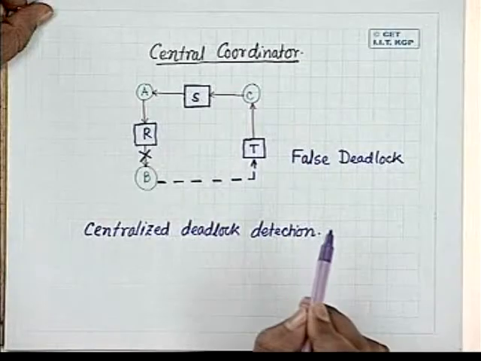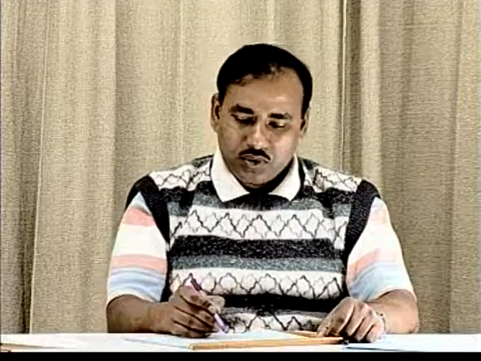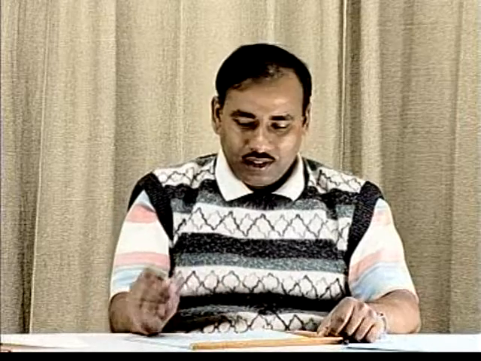That machine can have other processes in addition to the central coordinator. Those processes can be in deadlock, but the process which is detecting deadlock is not in deadlock. It needs only the data structure.